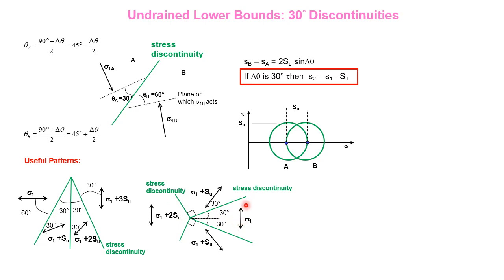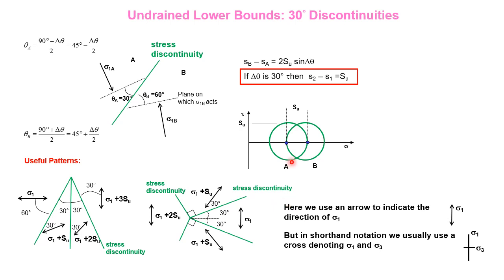So you go from vertical sigma 1 to vertical sigma 1 plus 2SU. And whichever way we go round, that way, over that way, we'll get the same answer, of course. Here, I'm using arrows to indicate direction of sigma 1. But in shorthand notation, we often just put a cross with sigma 1 the long side of the cross and sigma 3 the short side of the cross. We'll see that in a minute.